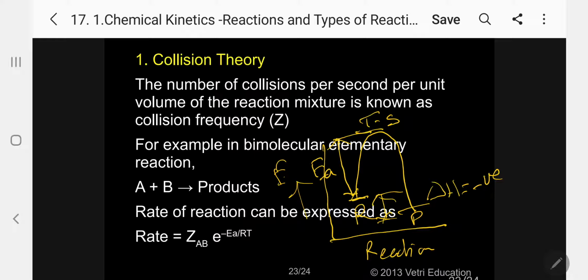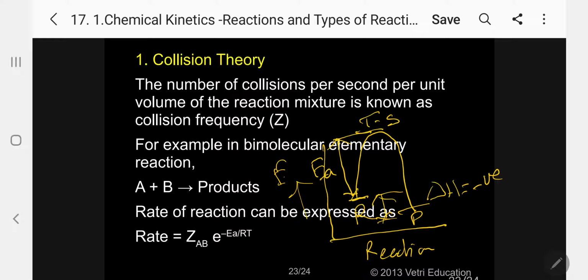What is happening? In this case, the reactants have high energy and the product has low energy. The reactants, let us assume A plus B, collide with each other. On collision they exchange energy, and a fractional number of molecules possess the energy of activation.